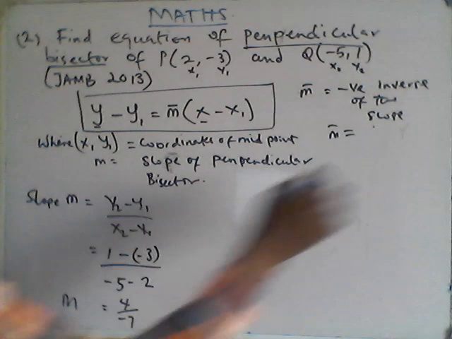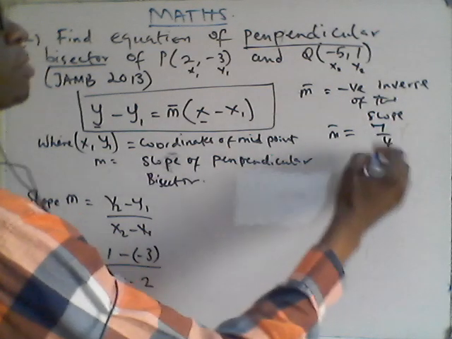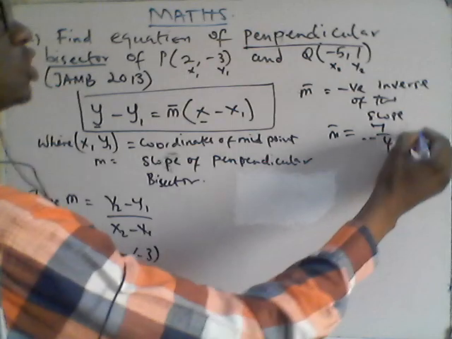You invert this one and put minus. So it's going to be 7 over 4, when I put minus on minus, it is just 7 over 4.